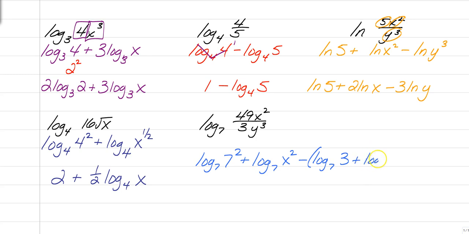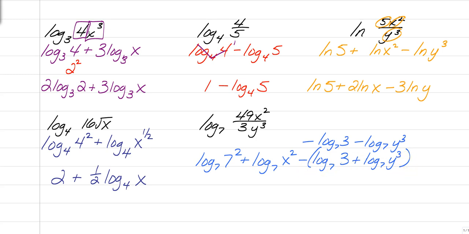So that would be log base 7 of y cubed. Now, if you didn't have that, the other way to write it would be minus log base 7 of 3 minus log base 7 of y cubed. Okay, so either one, you must have it. If you have a plus for this last one with no parentheses, that would be incorrect.